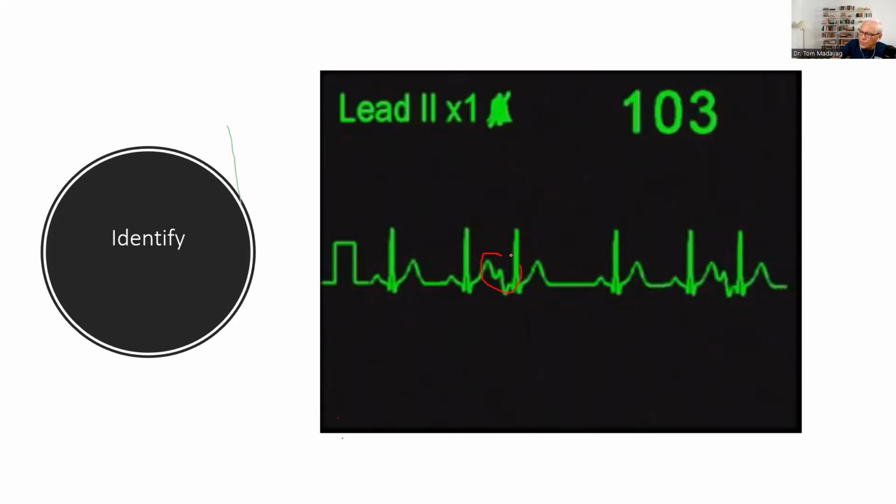So this is the premature beat, and this is a PAC. The reason it's a PAC is because there is a P wave before the premature beat, or before the QRS complex, I should say. Therefore, the premature beat is coming from the atria, and so we call this a PAC.